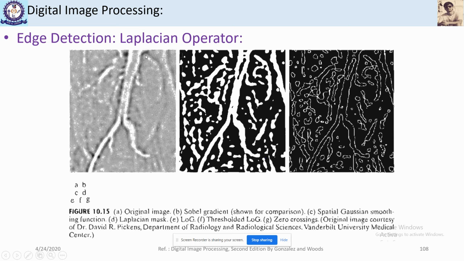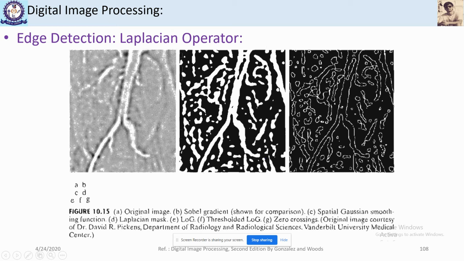So this is the result we have got, and then this image is thresholded by assigning black to the negative values and white to the positive values. By doing such thresholding, we have achieved this image.